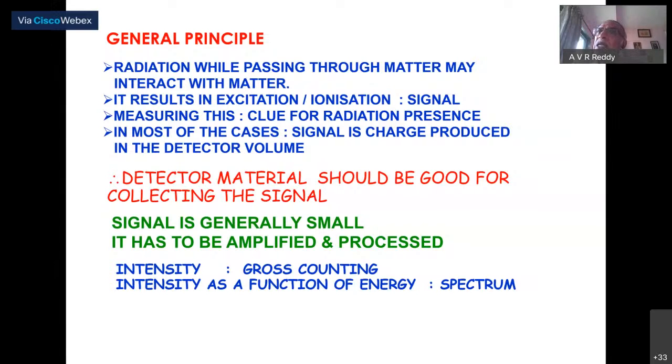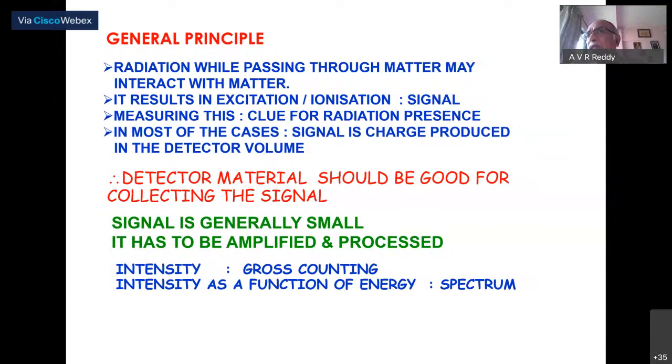When we measure only the intensity, we call it gross counting. In fact, from that only, the names counters and counting systems have come. And if we measure intensity as a function of energy, then what we observe is a spectrum. In that spectrum, you see quite a few peaks.